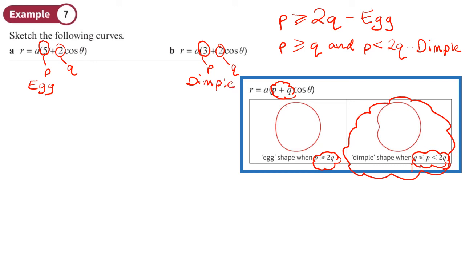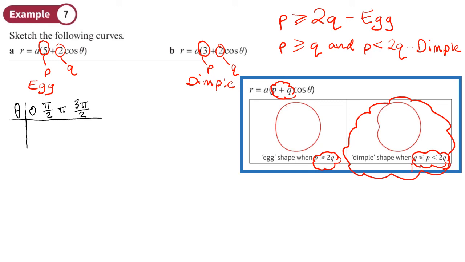What I now need to work out is whereabouts it's crossing the axis, and I can use a table to do that, or I can even just draw the sketch and look at the angles I need to work out. Now, the important places are going to be, as we said before, every pi over 2, because we've got cos theta here. So we are going to do a table, and really only 0, pi over 2, pi, 3 pi over 2.